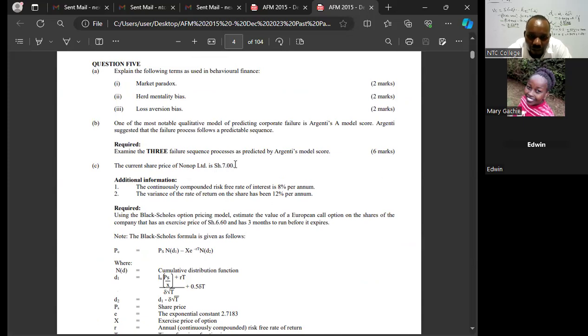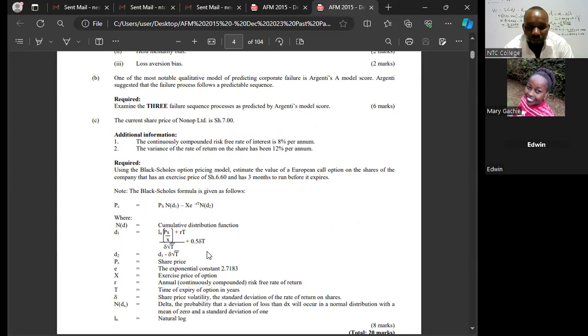Yes, the P or S. And then we are given here risk, and then this R. Using the Black-Scholes option pricing model, estimate the value of European call option on the shares of the company that has an exercise price of 6.6. That's the exercise price, 3 months to run before it expires. The Black-Scholes formula is given as follows. This is the formula.